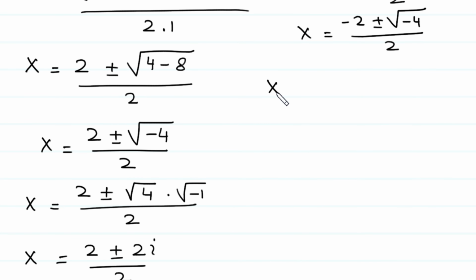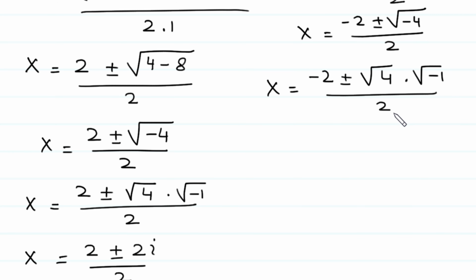Next, x is equal to minus 2 plus minus, this square root of minus 4 can be written as square root of 4 times square root of negative 1, divided by 2. x is equal to minus 2 plus minus square root of 4 is 2, and this square root of minus 1 is equal to iota, divided by 2.